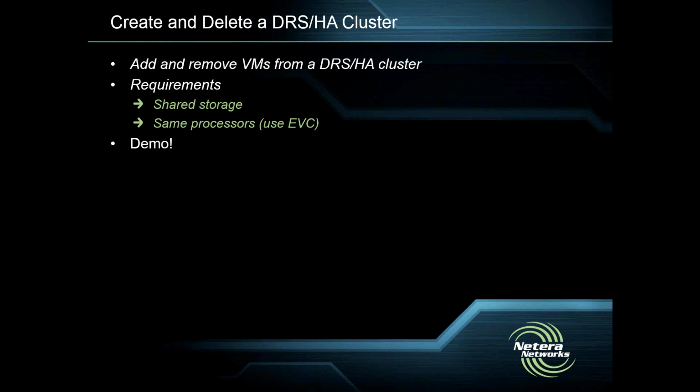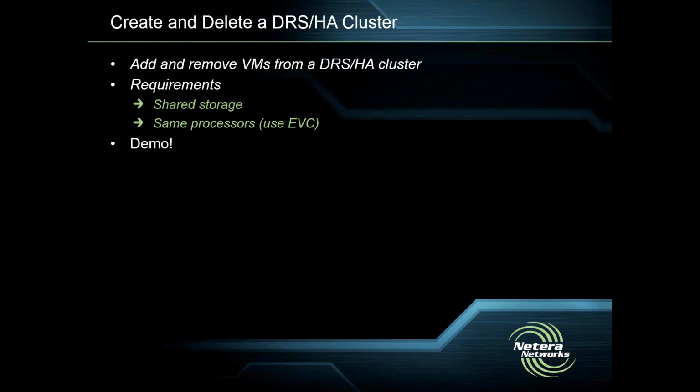And again, most importantly, when you create a cluster, the hosts should be hardware that works well together with respect to their processors, right? They're interoperable. I note EVC here because if you want to vMotion within the cluster, between hosts in a cluster, you'll need processors of certainly the same family, and if you can help it, the same stepping in that family, or at least have a minimum level with the use of EVC.